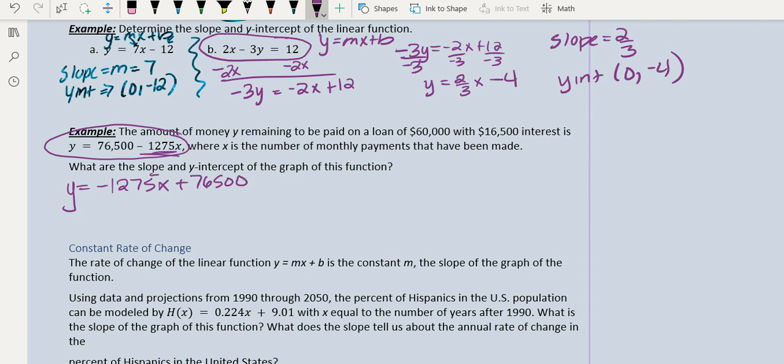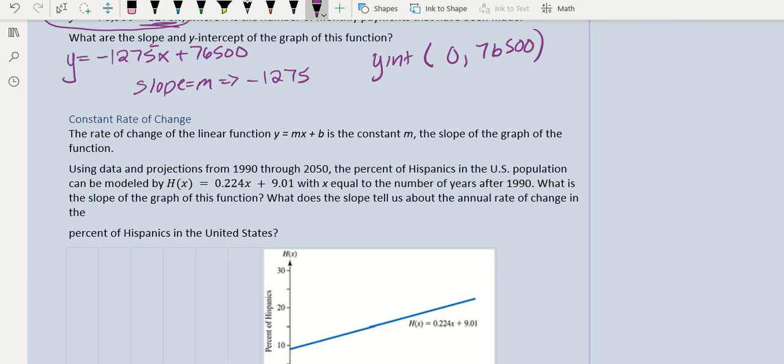So now looking at this, my slope would be negative 1275, right? And then my y-intercept of this would be (0, 76,500). Okay? Constant rate of change.